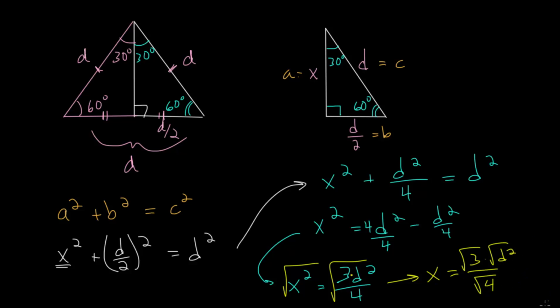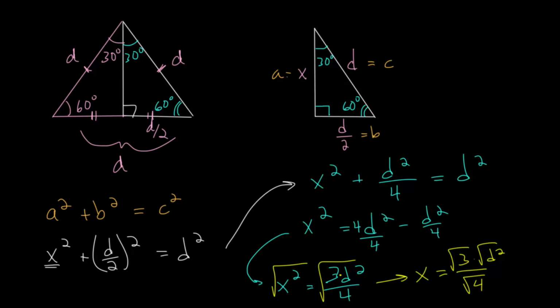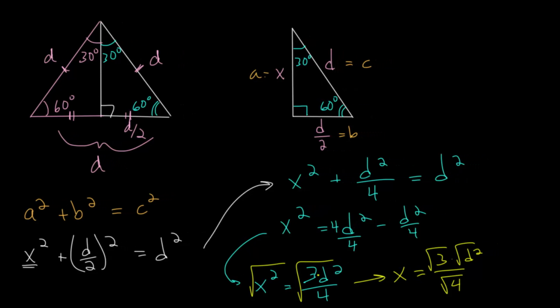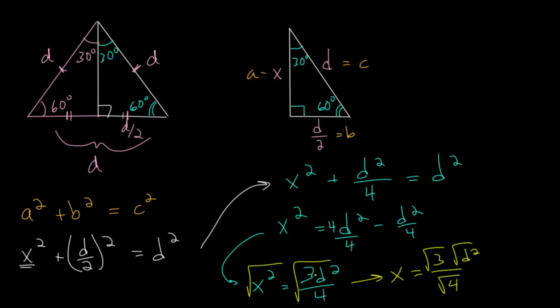And this we can simplify further. So let me just make a little bit more room so that we can completely simplify this. And what we get is that this height here of the triangle is the square root of 3 multiplied by d over 2. So we can put that in, that this height right here is just root 3 d over 2. And with this, we now have the relationship between the side lengths in a 30, 60, 90 triangle.